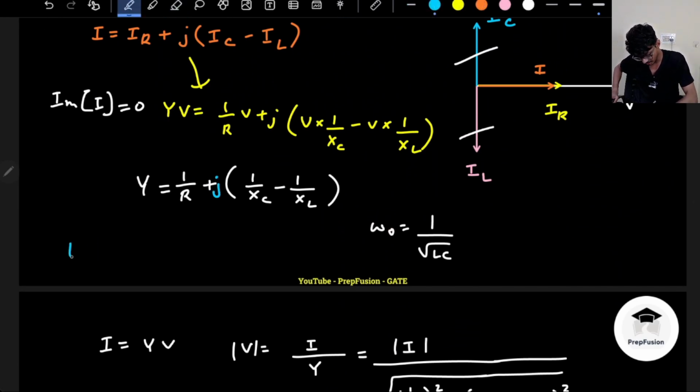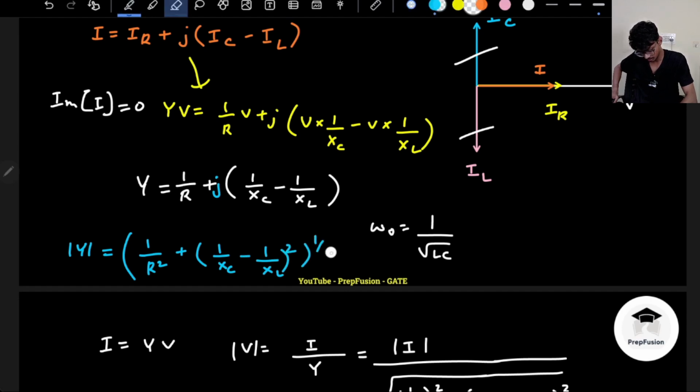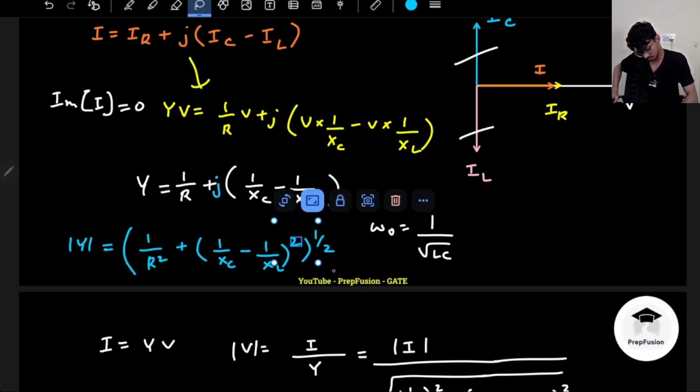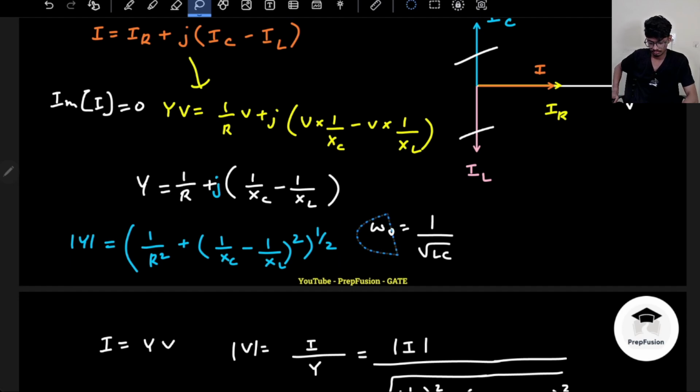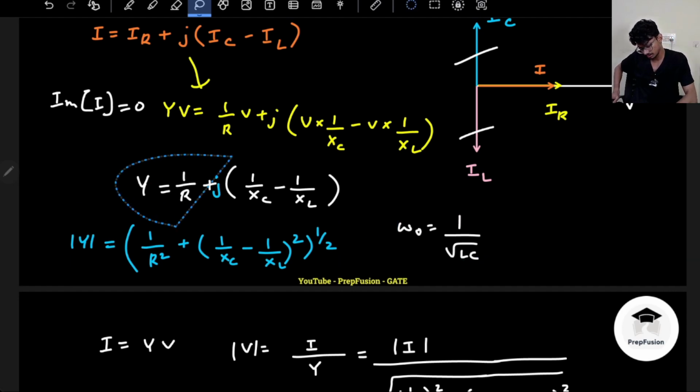Magnitude of admittance is the square root of (1 by R) whole square plus (1 by Xc minus 1 by Xl) whole square.